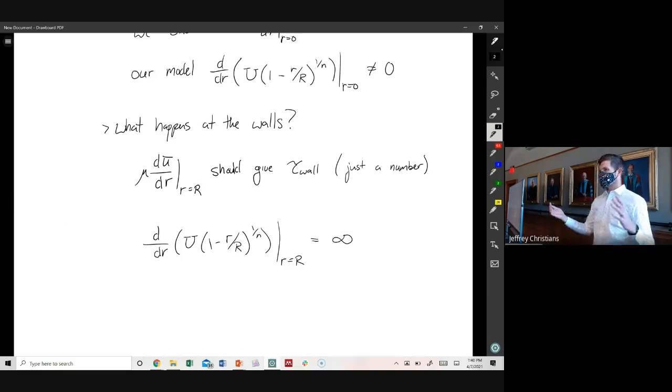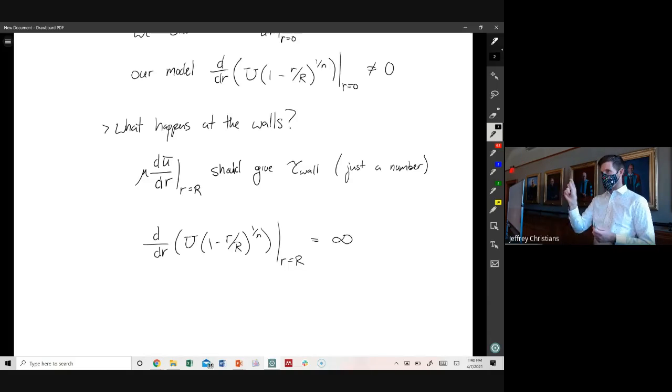So you can get things that are totally nonsensical and non-physical if you ask the wrong question to the wrong model. And that's a key difference between all of the stuff that we talked about with laminar flow and all of the stuff that we're going to talk about with turbulent flow. Because we can't model it, our models are fine-tuned to answer a specific question.